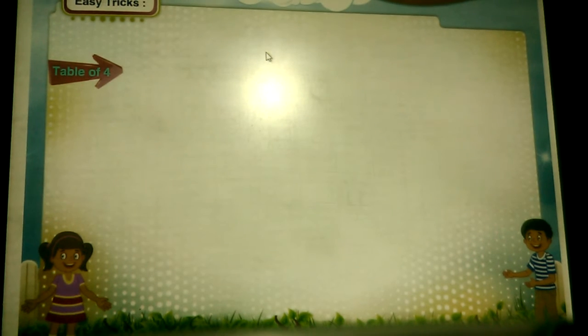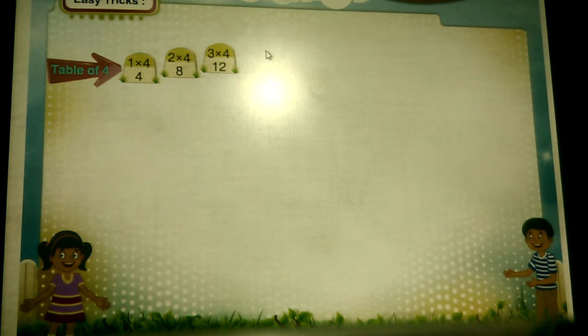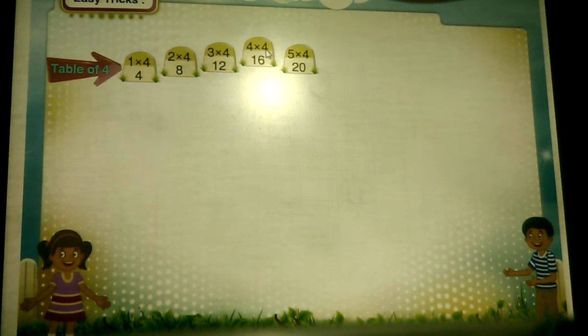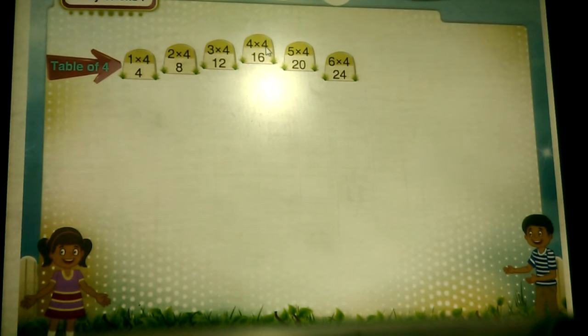The table of 4 is 1 4s are 4, 2 4s are 8, 3 4s are 12, 4 4s are 16, 5 4s are 20, 6 4s are 24, 7 4s are 28, 8 4s are 32, 9 4s are 36, 10 4s are 40.